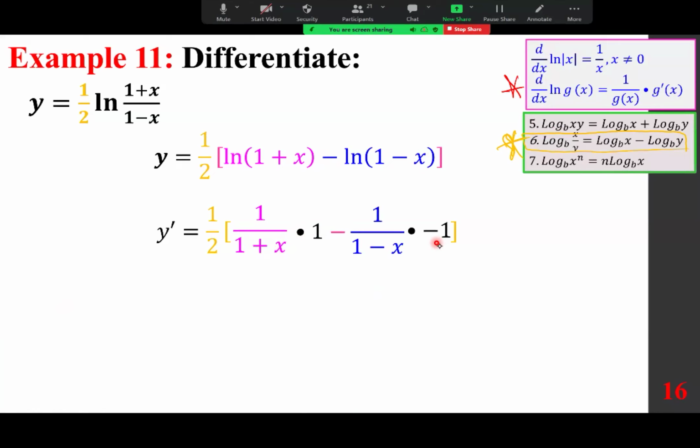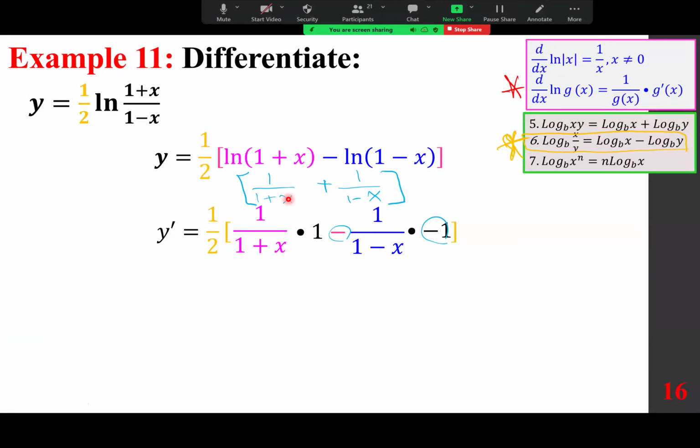So the result is this fraction is 1 over 1 plus x. This fraction is plus 1 over 1 minus x. Okay. So that's why you definitely want to write this, because this makes a difference.